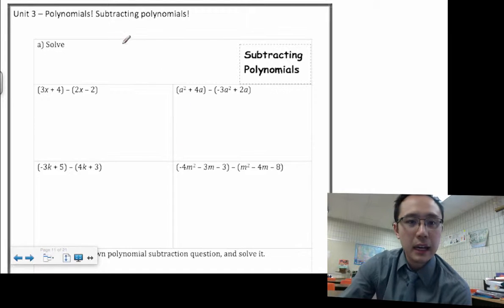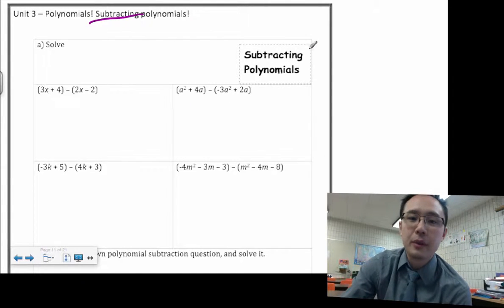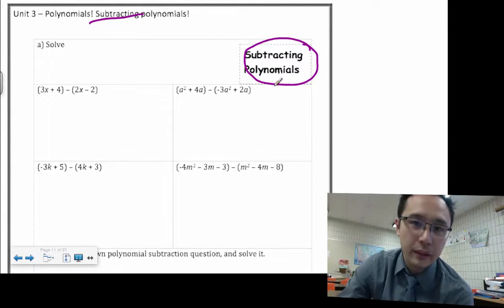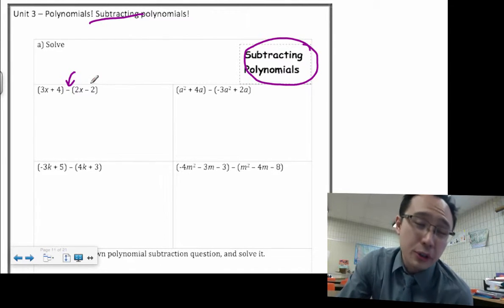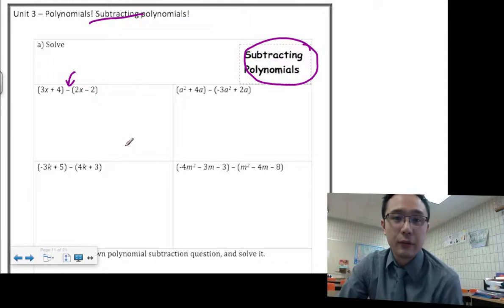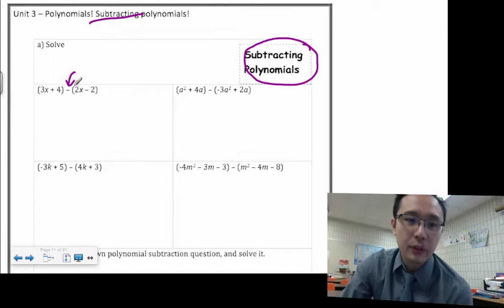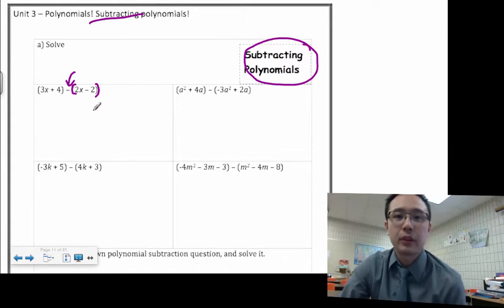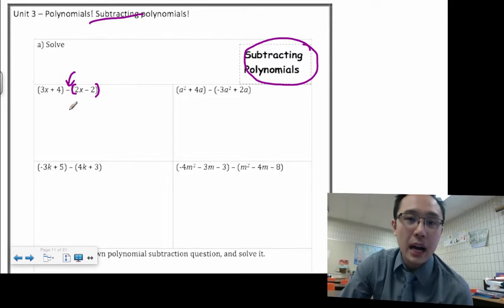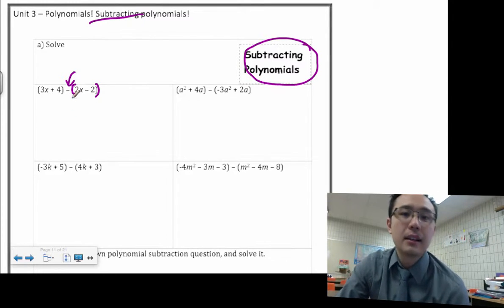Next page. Now this one is subtracting polynomials. Subtracting is a little bit different than adding because now there's a subtraction sign. The trick here for subtraction is that in order to get rid of the brackets, remember we talked about getting rid of brackets in adding, you have to switch everything inside to the opposite.